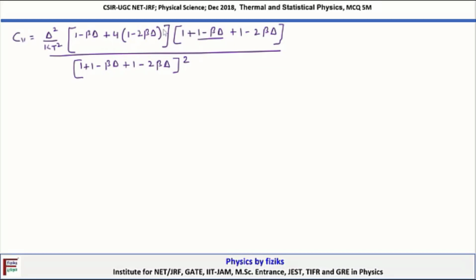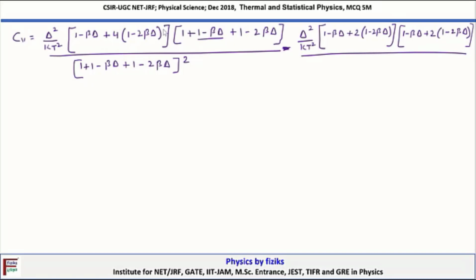Now after settling the terms, the second term, I forgot to write that, is delta square upon kt square, and then 1 minus beta delta plus 2 into 1 minus 2 beta delta, and then the second term 1 minus beta delta plus 2 into 1 minus 2 beta delta, and then divided by g square, which is 1 plus 1 minus beta delta plus 1 minus 2 beta delta and its whole square.